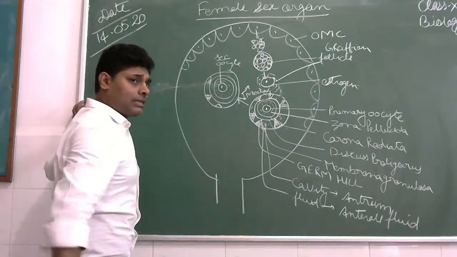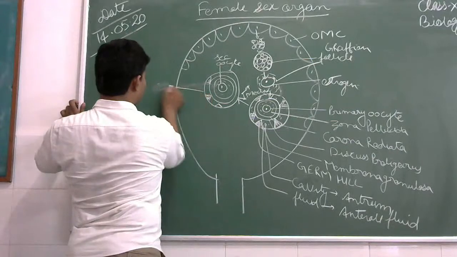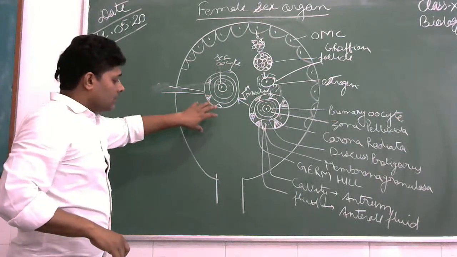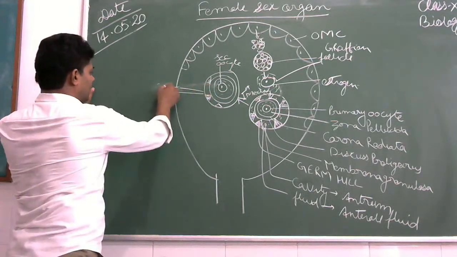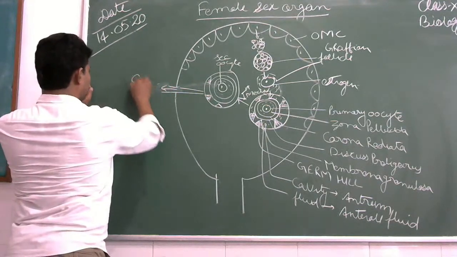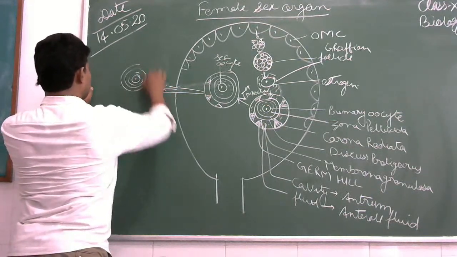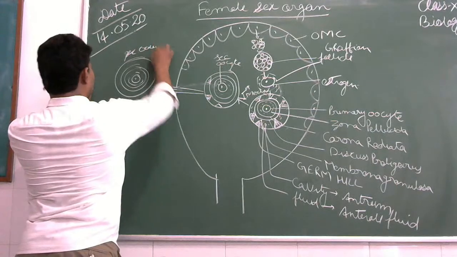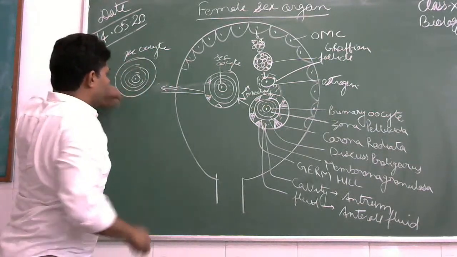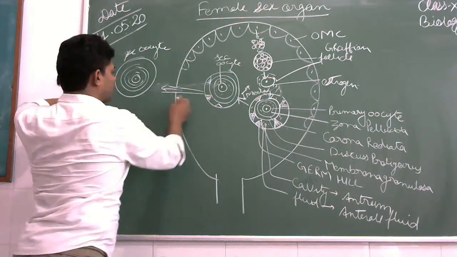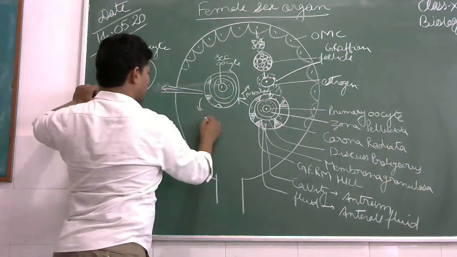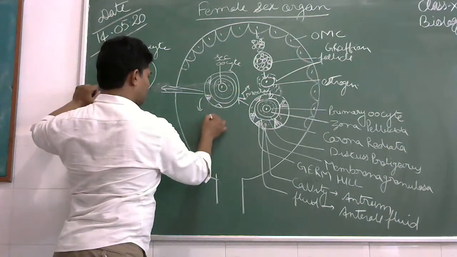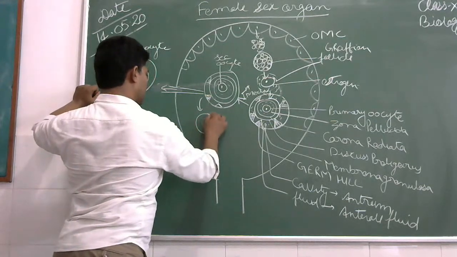This is the secondary oocyte, and at that time the ovary wall is ruptured, and this secondary oocyte moves outside, right? But when the secondary oocyte moves outside, some parts remain here as a thin part of the discus oophorus and membrana granulosa.